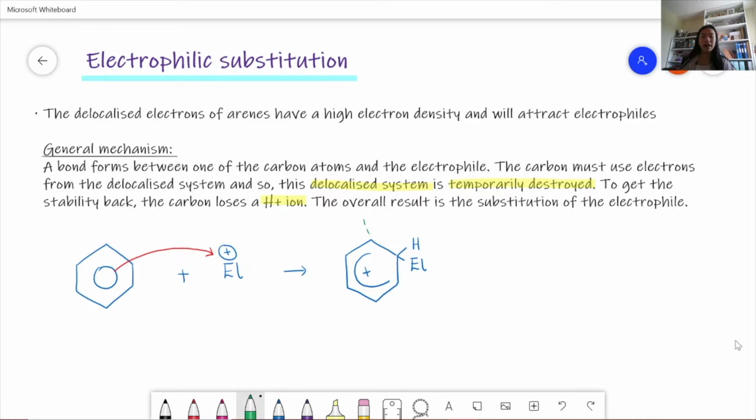when we draw a dotted line here, how we've drawn this temporarily destroyed delocalized system, the two ends here and here can't exceed this green line. And so, for example, we could have a hexagon that looked like this.